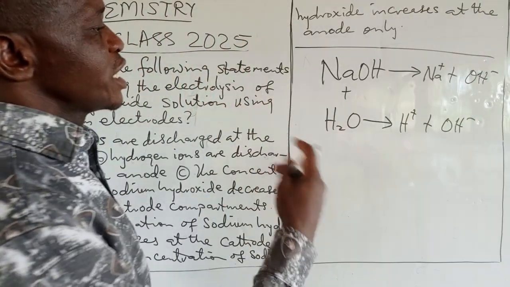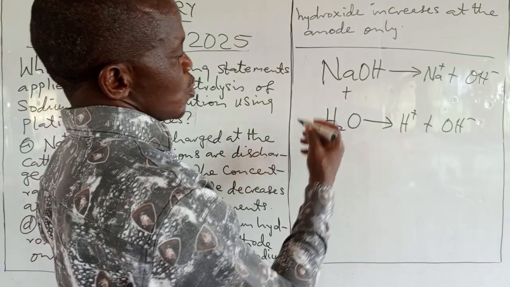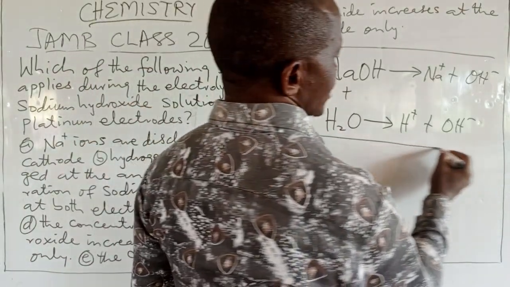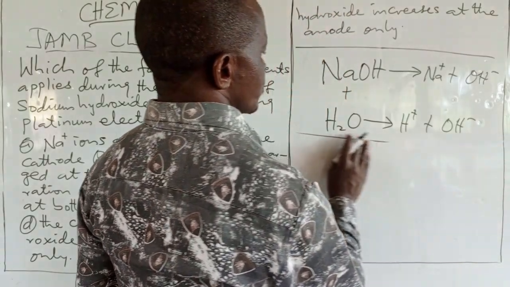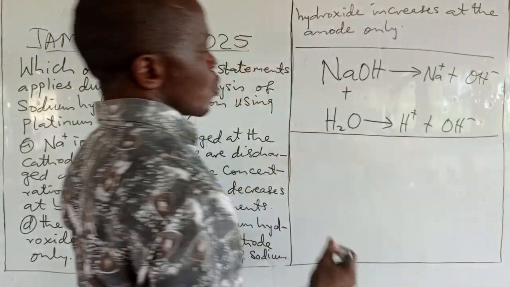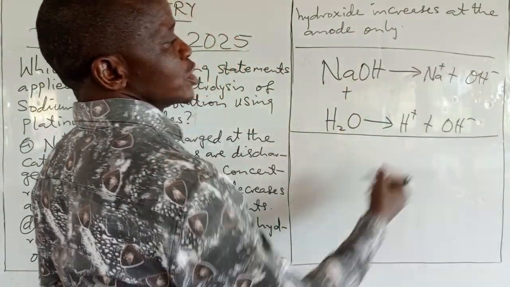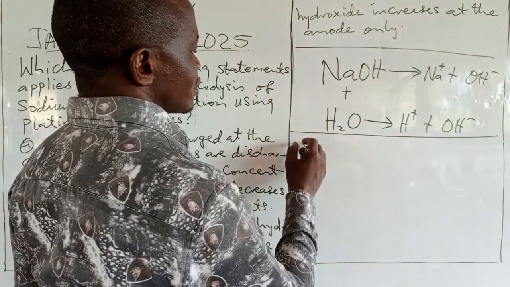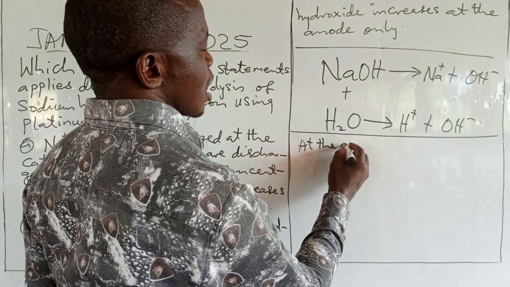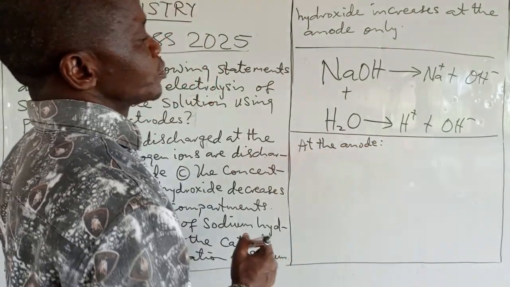So when you run in electric current, let's see what happens. If electric current is being passed, the solution contains these four ions. Now, at the anode, let's see what will happen at the anode.